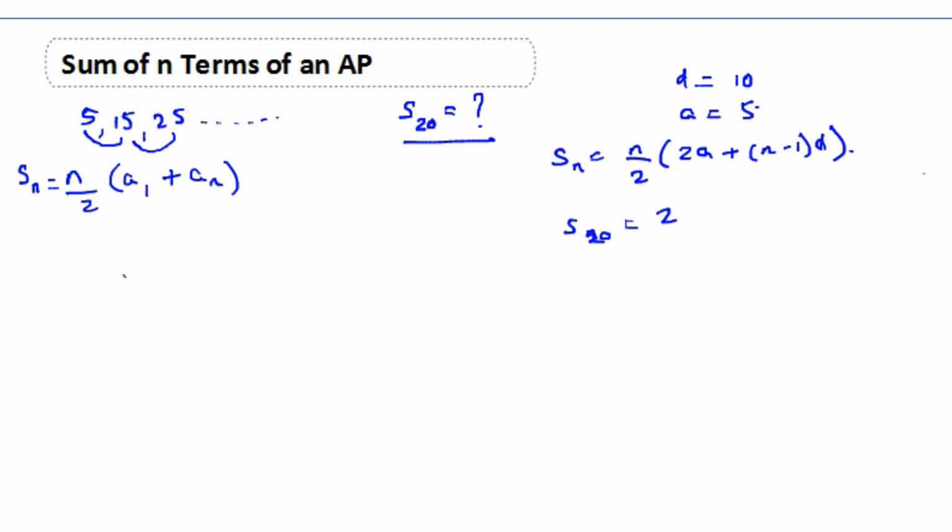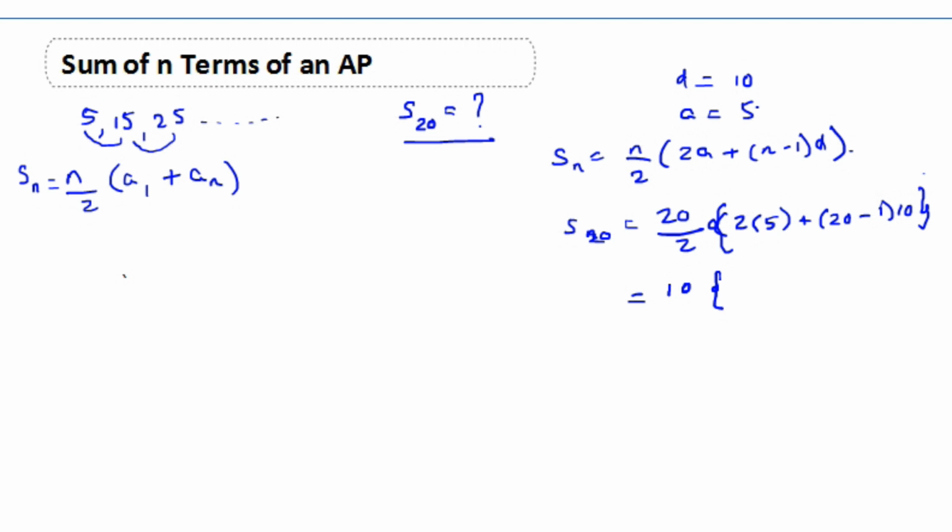So let's find the sum of the first 20 terms. S of 20 would be 20 over 2 multiplied by (2 times a, so which means 2 times 5, plus (n minus 1) times d). Since n is 20, so 20 minus 1 times d, the common difference is 10. Let me put these in curly brackets to avoid any confusion. So let me simplify this further. 20 over 2 is 10.